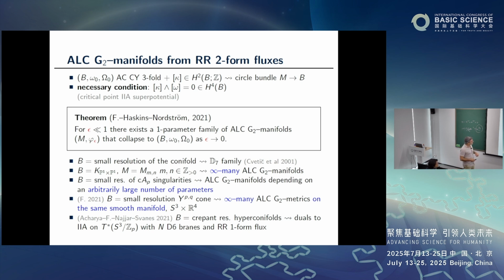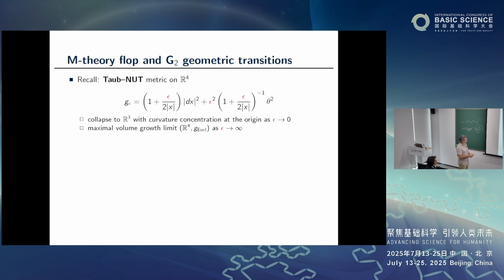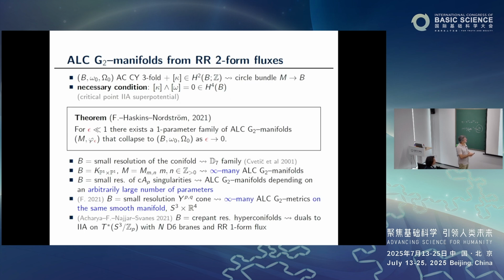So just to follow up on that comment. For example, in this theorem, we have these infinitely many G2 metrics that live on a circle bundle over asymptotically conical Calabi-Yau. One thing we can say is that the moduli space is precisely isomorphic to the moduli space of the asymptotically conical Calabi-Yau metric, subject to this constraint on the Kähler class.